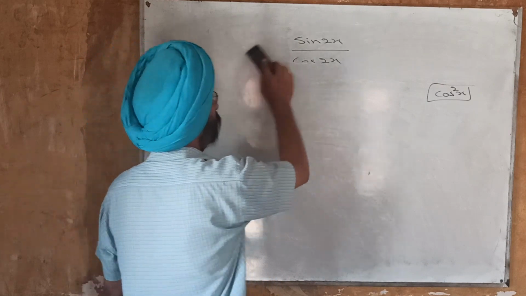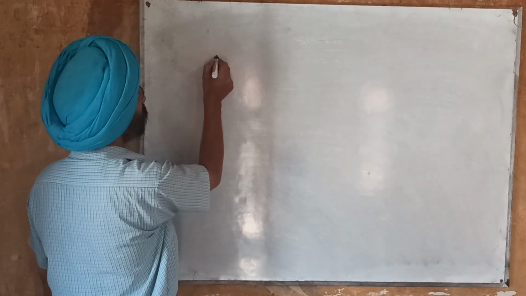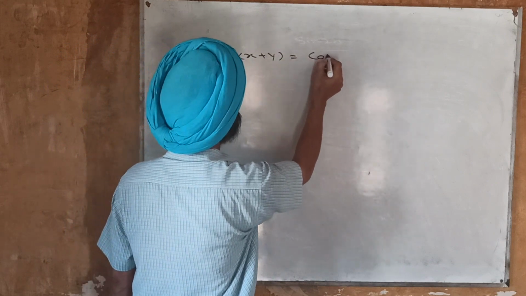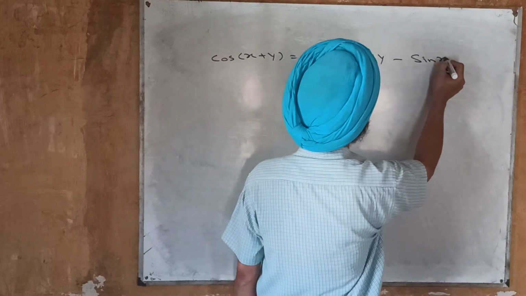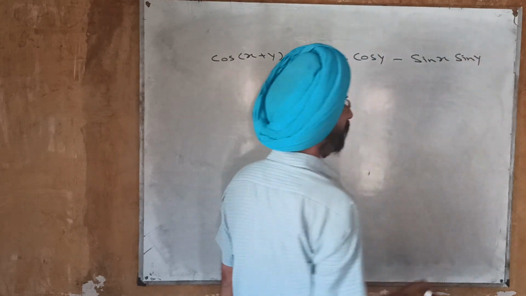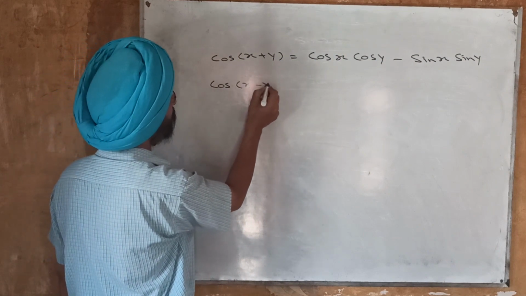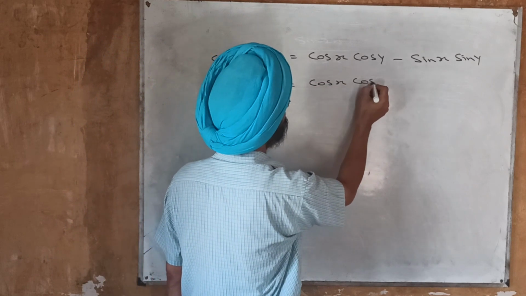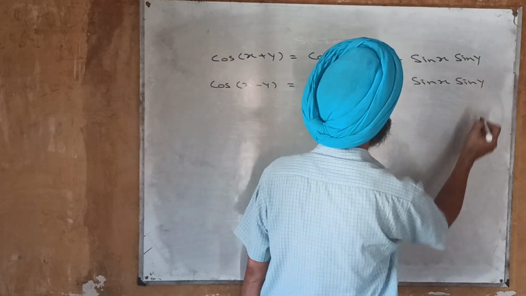Now, we are moving ahead once again. You know that cos(x plus y) is cos x cos y minus sin x sin y. You know that cos(x minus y) is cos x cos y plus sin x sin y.